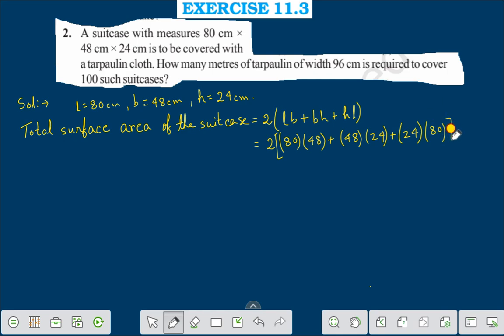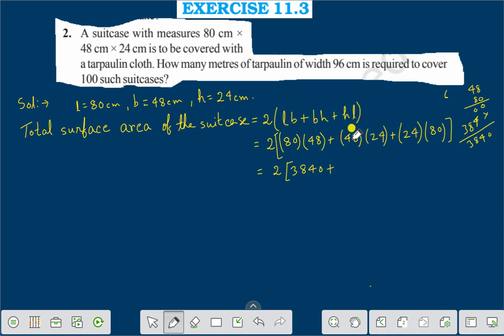If we multiply 48 with 80, then we are getting 3840.